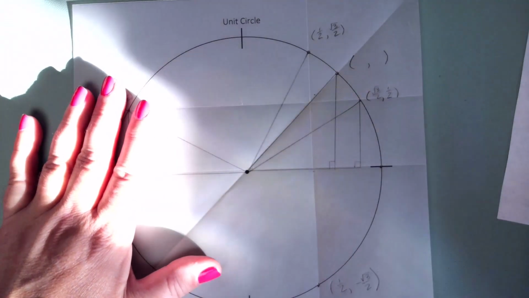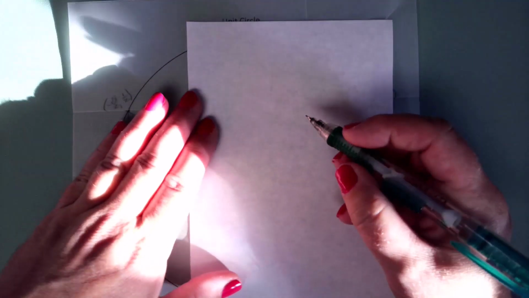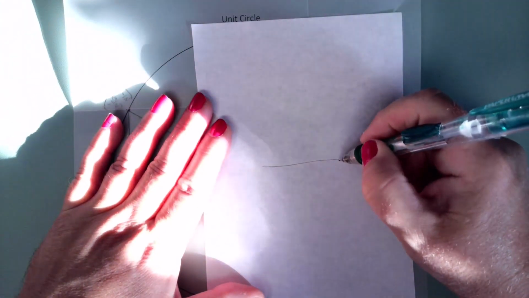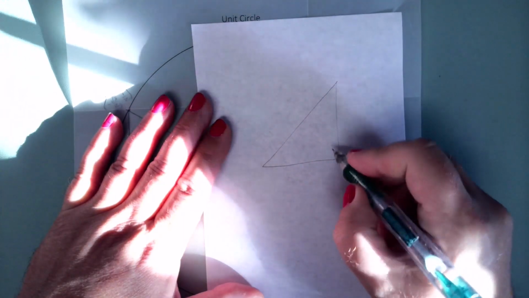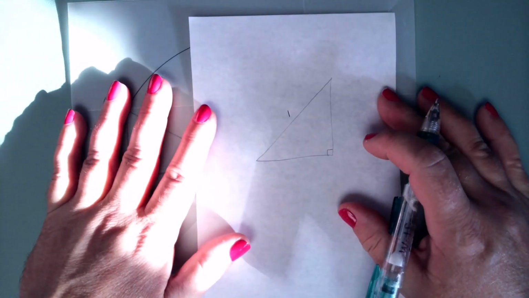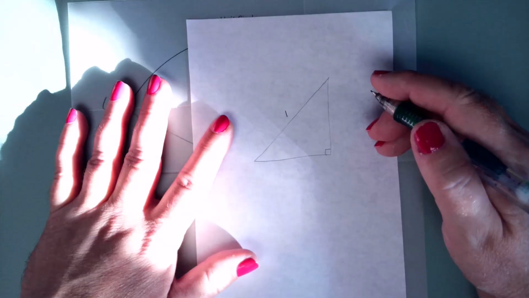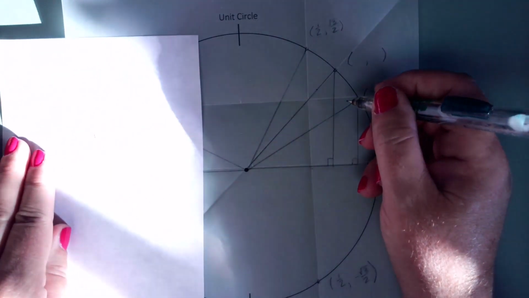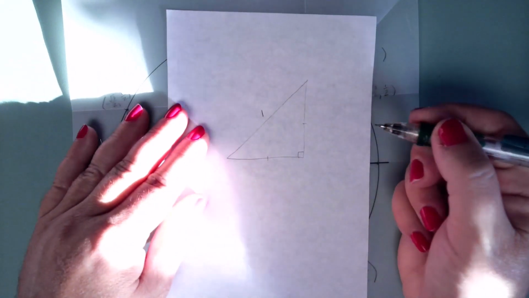Okay. And let's imitate this again on some paper. So we have these two sides and this hypotenuse. Okay. And the only thing that we know for sure is that this is 1. But we also know that the sides are equal.